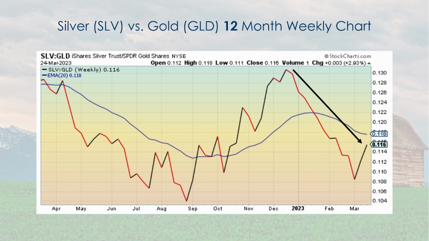So you can see from December till a couple of weeks ago, it definitely favored gold. Gold was showing more strength or consistency, and silver was declining. In the last couple of weeks, silver has been outperforming gold quite a bit, which has resulted in the tick up at the end, showing relative strength favoring silver.